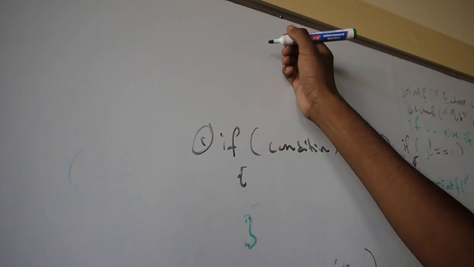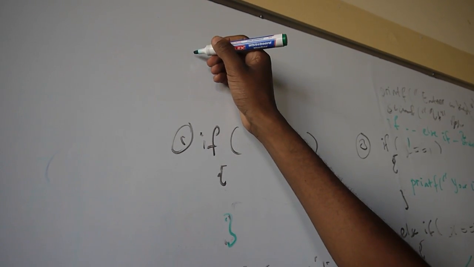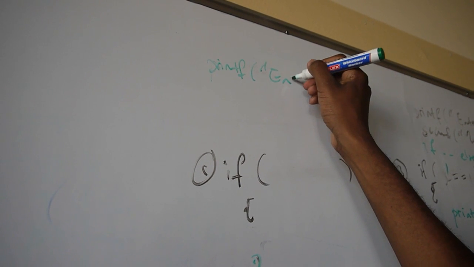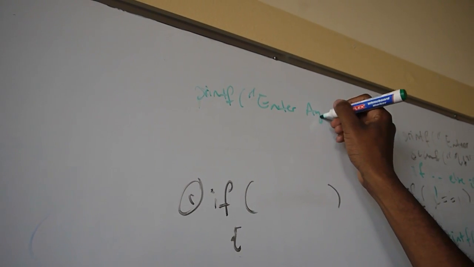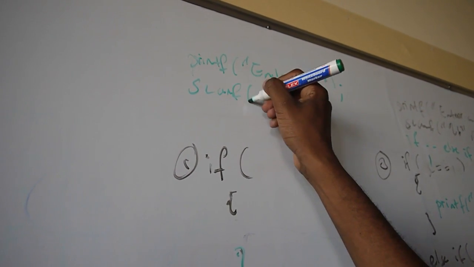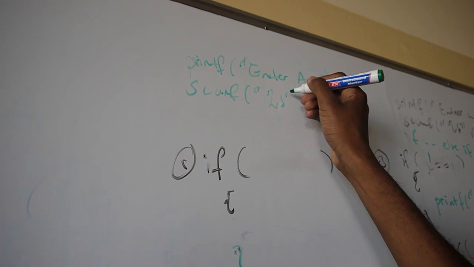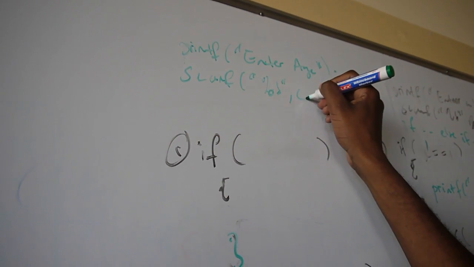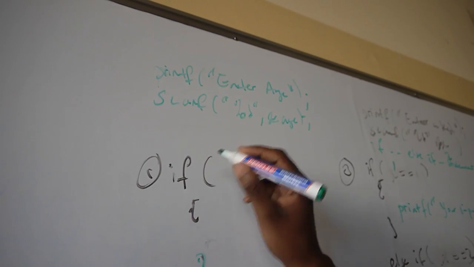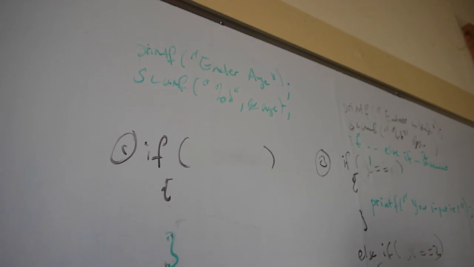So a program that determines age, and so here we prompt the user, printf enter age, then scanf age, so that's an integer, age. So here if age, okay, I want to use the second one.